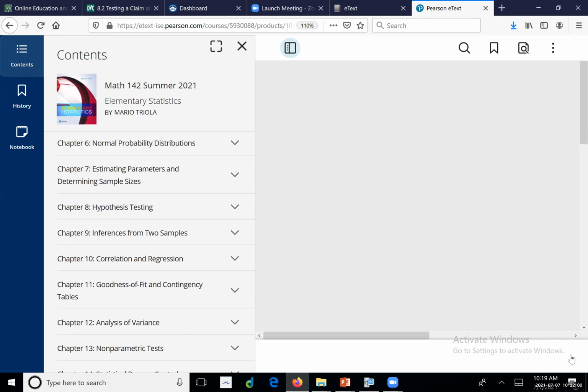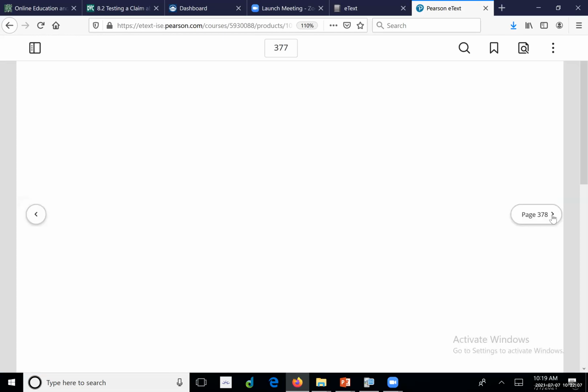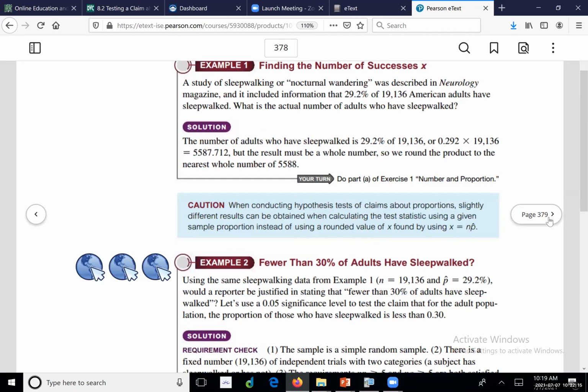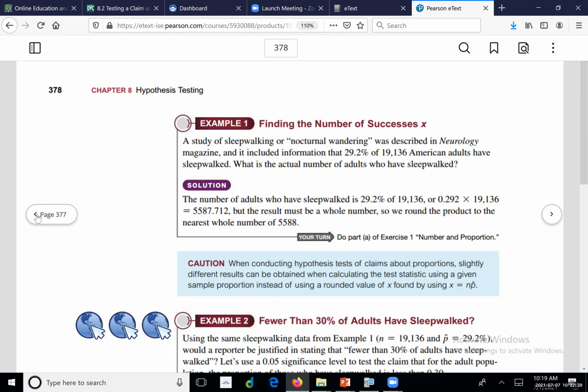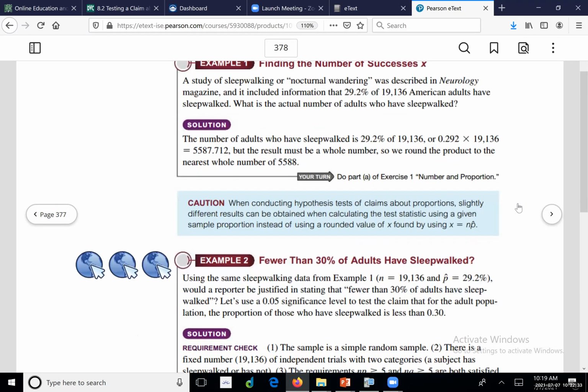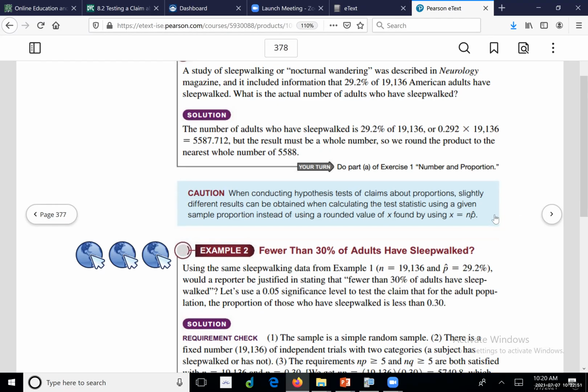Let's do this example for practice, and then we go to the problems.